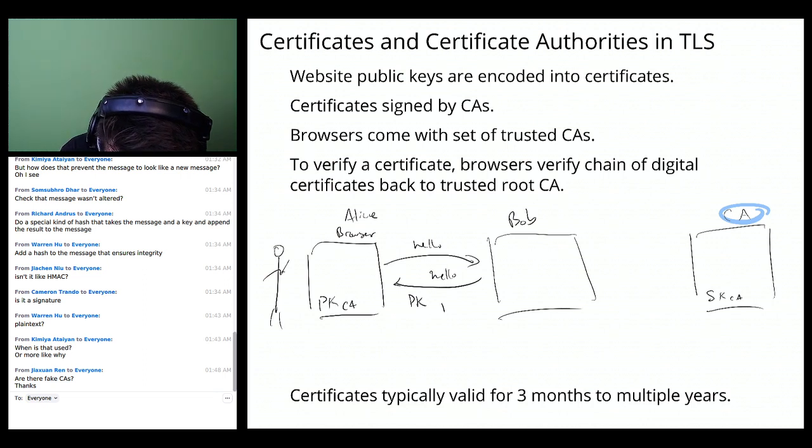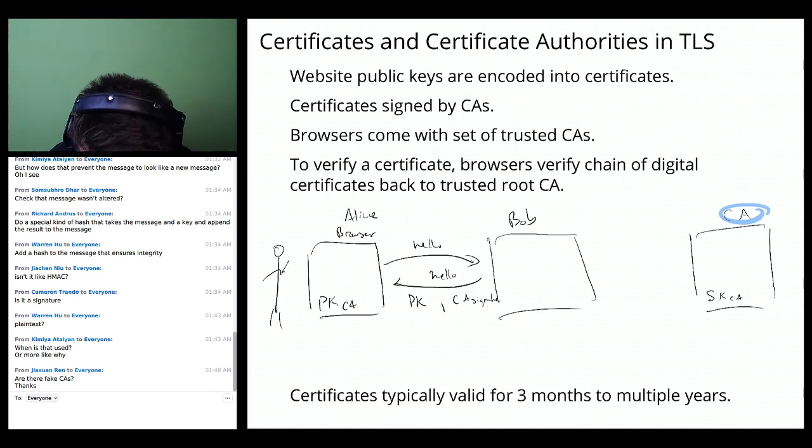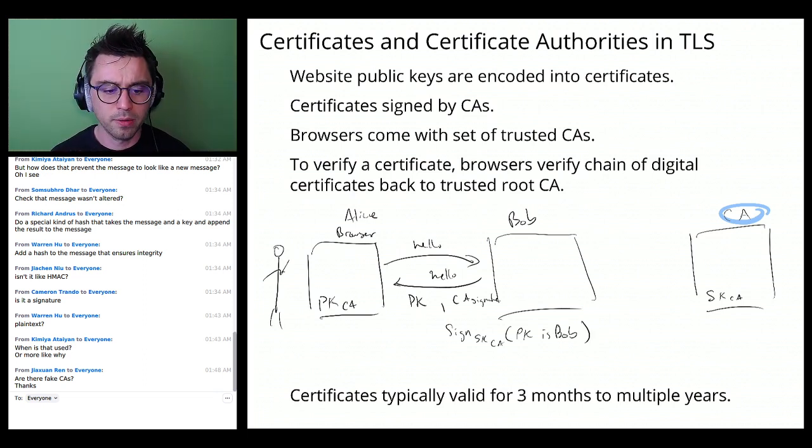So what we're actually going to present is this, and then the CA signature, which is essentially a signing with SKCA that Bob is... right. You can think of it something like that, right?